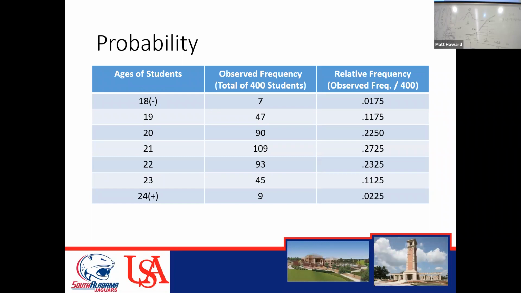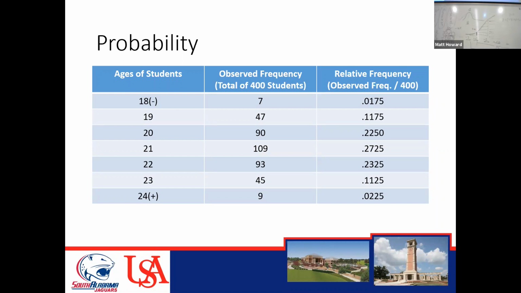So out of those 400 students, we put them each into their respective categories. And then for each of those categories, we take the number of observations and divide it by the total sample size. And that gives us the likelihood of observing those categories, or the probability.